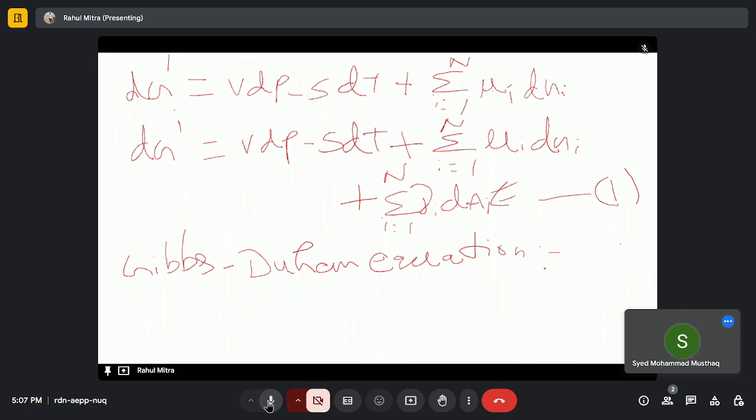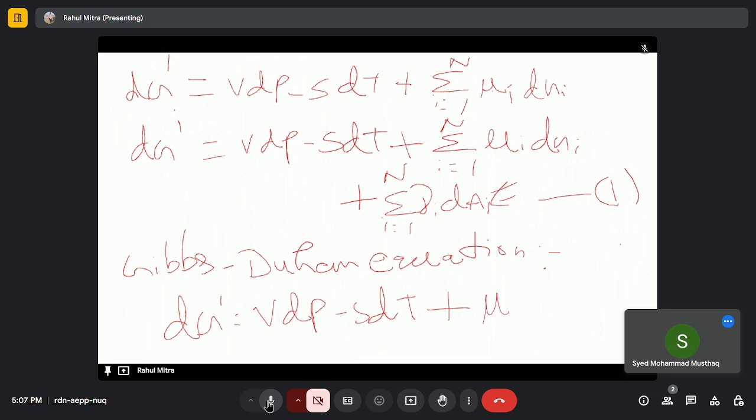Let's derive this. So our dG dash is VdP minus SdT. Let's say I'm talking about a binary alloy.